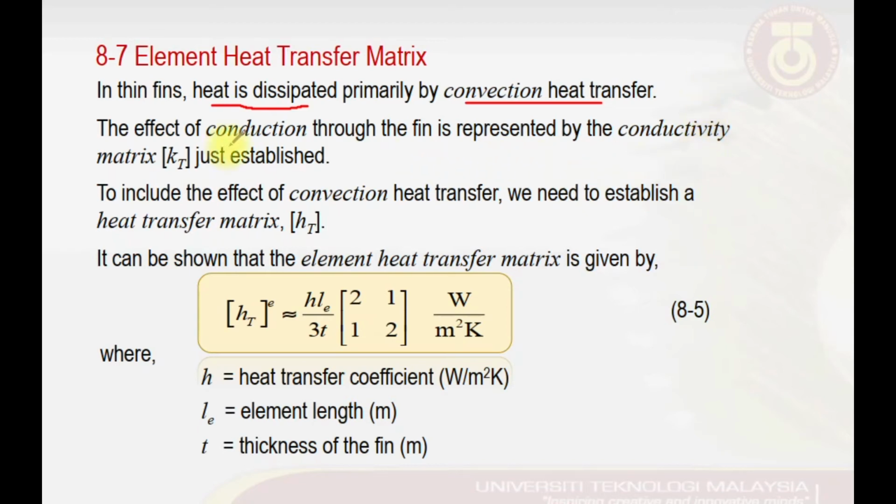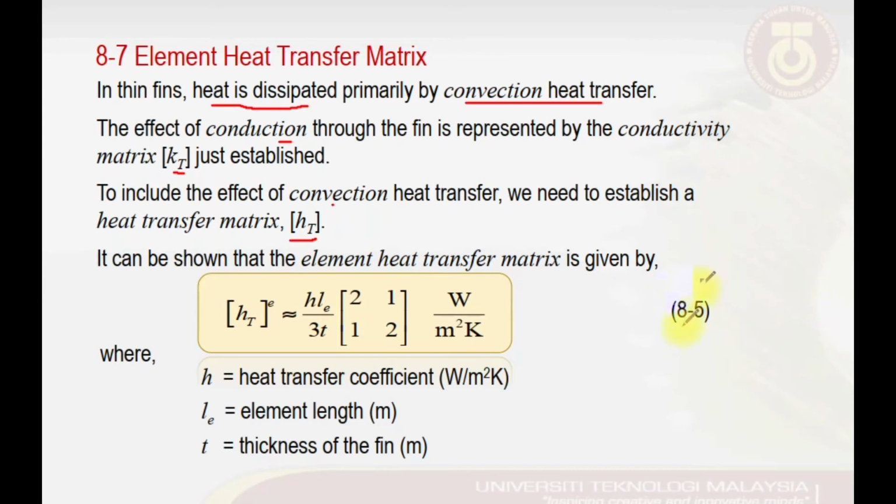The effect of conduction through the fin is represented by the conductivity matrix KT. To include the effect of convection heat transfer, we need to establish the heat transfer matrix, which is given by HT.